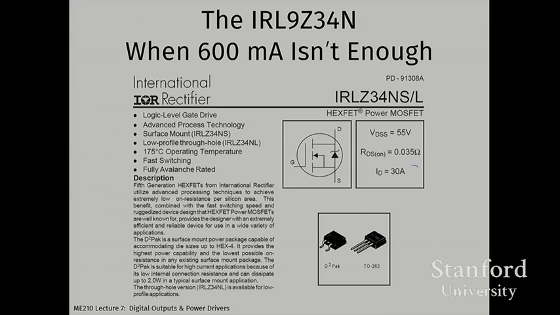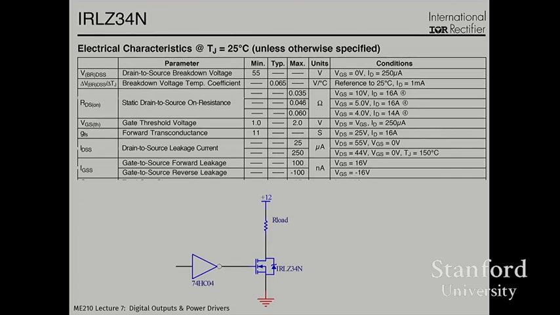In particular, it can handle very, very high currents with a fairly low resistance between the drain and the source. These are specs that are commonly discussed with respect to MOSFET power drivers. So let's talk a little bit more about the details of this guy.